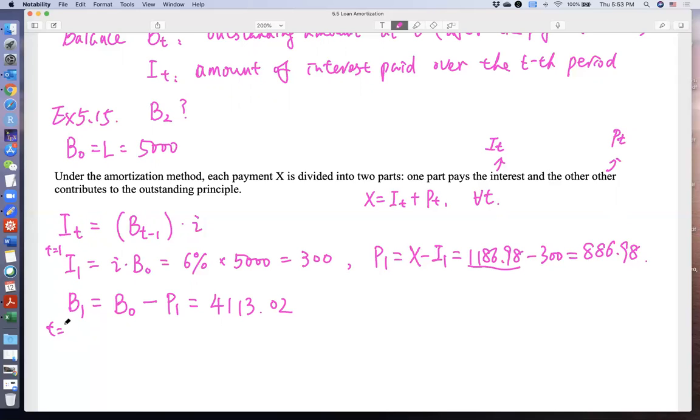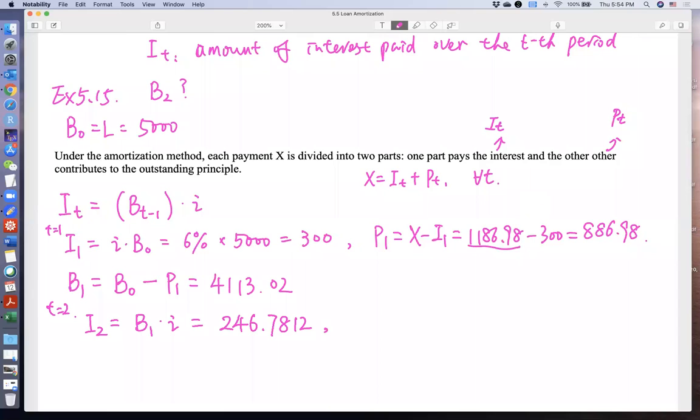Now let's move on to year two. The first thing to calculate is the new interest, which is my previous balance times the interest rate, so 4,113.02 times 0.06. The amount of interest now is about $246.78. Once I know the interest payment in the second year, I immediately know how much of my payment will be used to repay the outstanding principal.